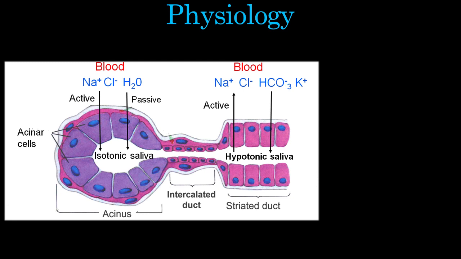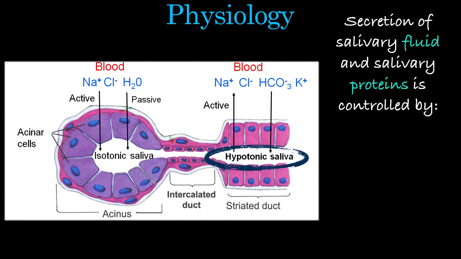The sodium and chloride will be excreted into the serum, and replaced by bicarbonate and potassium, resulting in the final saliva, which is hypotonic to the serum, meaning that the salt concentration in it is lower than that in the serum.